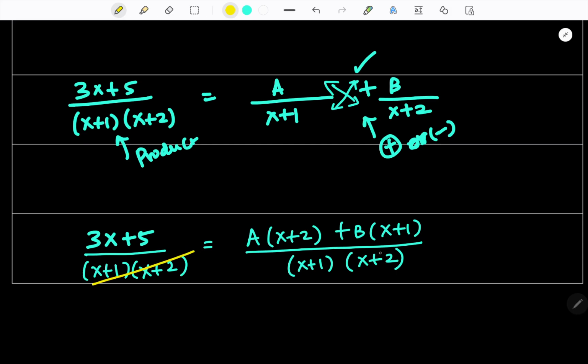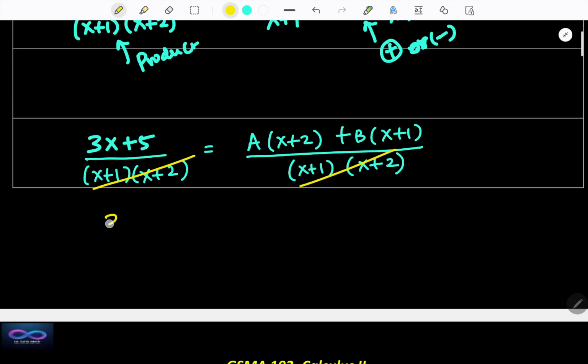Then it gets cancelled, right? So you will get 3x plus 5 equals a times (x plus 2) plus b times (x plus 1).